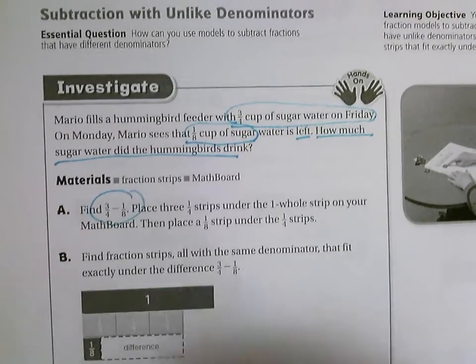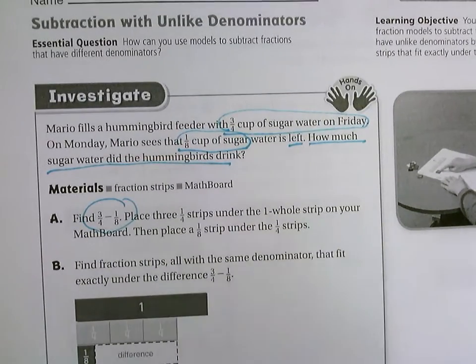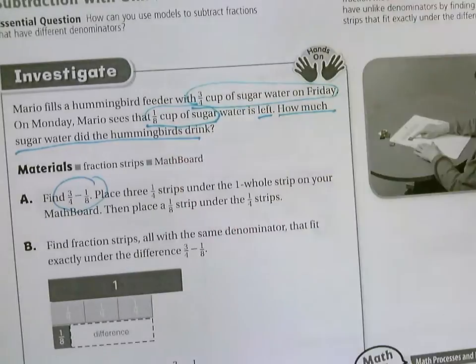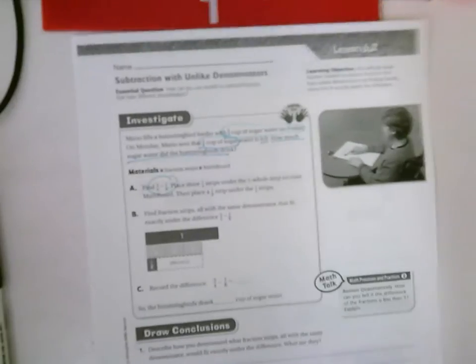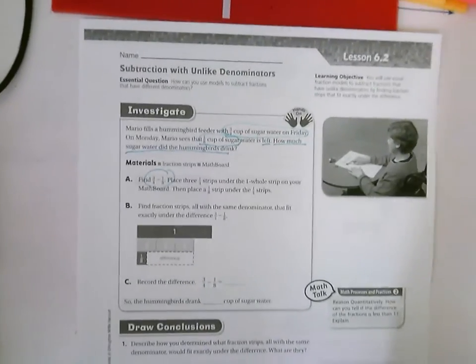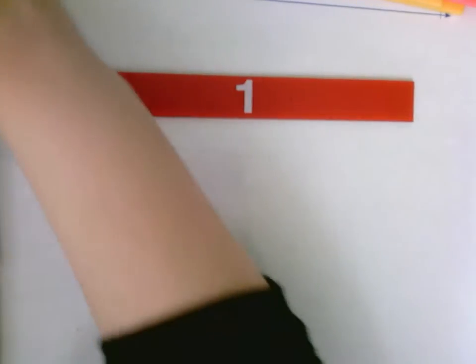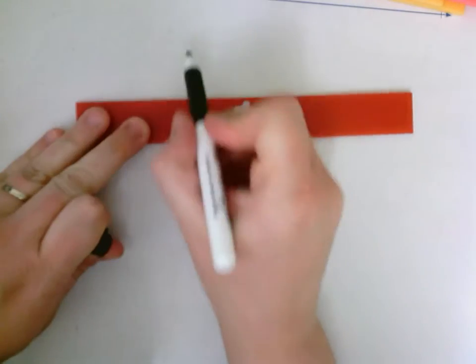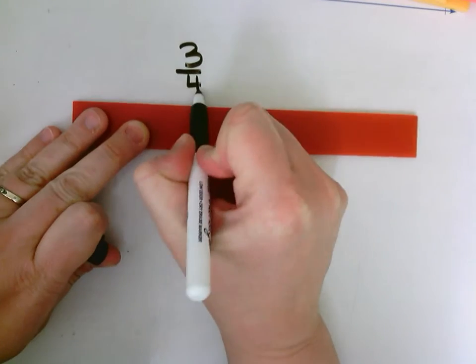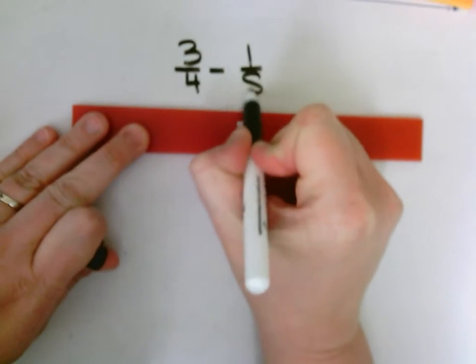So we're going to model this problem with our fraction tiles. Grab your fraction tiles. We're going to need fourths and eighths and our whole frame. Here is my whole frame, and we are doing the problem 3/4 minus 1/8.